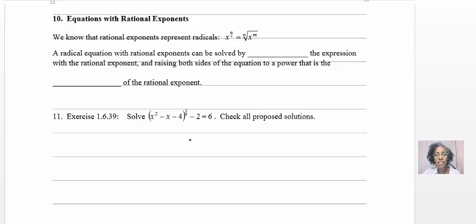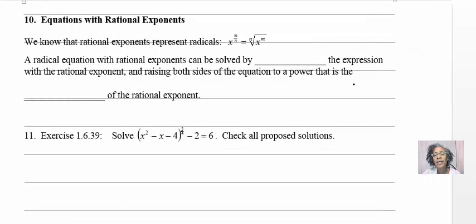We also want to look at equations that involve rational exponents. So x to the m over n equals the nth root of x to the mth.